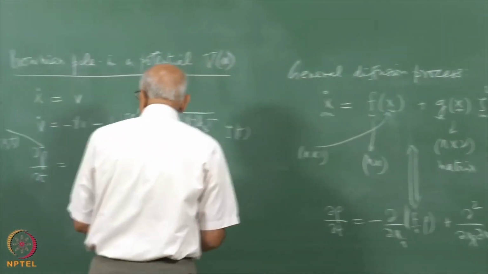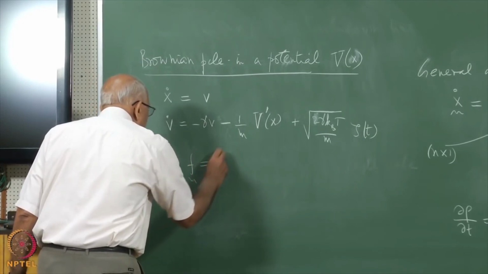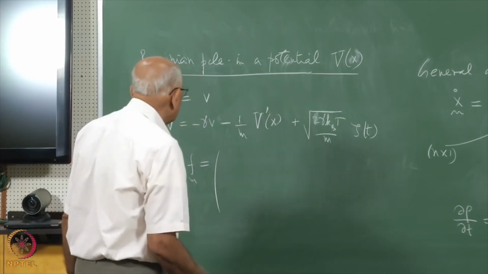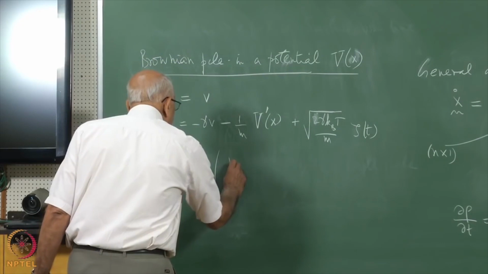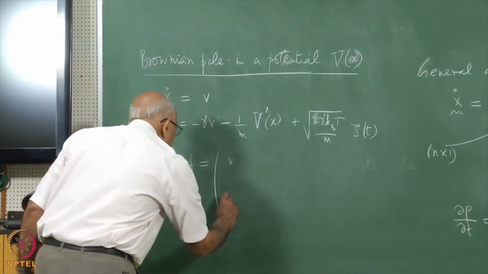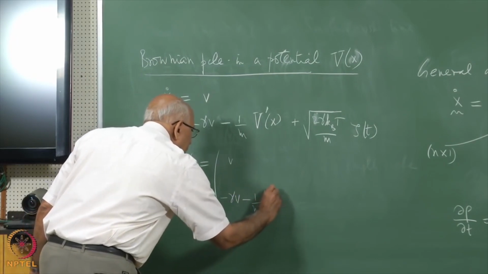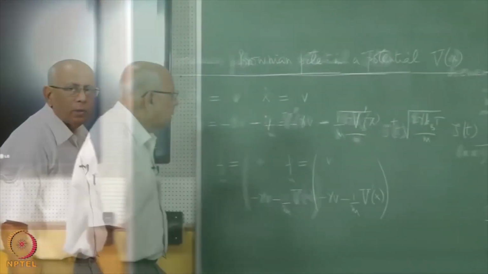So let us first write this f matrix now. In this case f is a column vector, and the first one is just v out here, and the second portion is minus gamma v minus 1 over m V prime of x. That is this column.